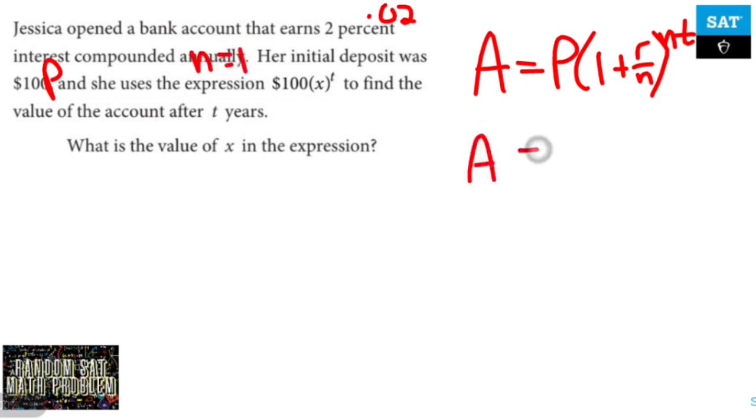I have a equals my principal, which is 100. I knew that already, times 1 plus my rate, which is 0.02 over 1, to the 1 times t, which is t.